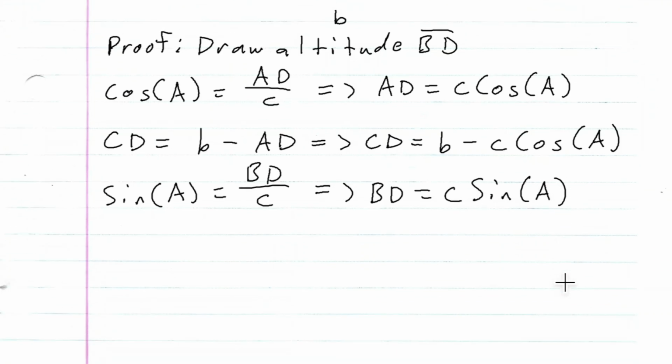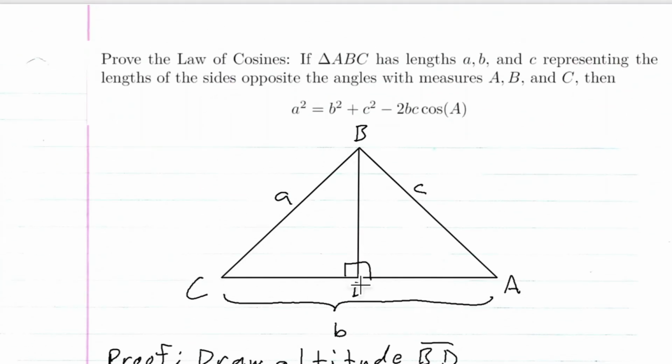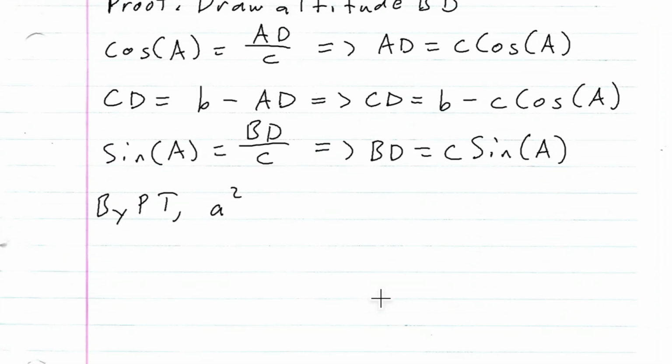Okay, so now, by the Pythagorean theorem, I know that a squared, the hypotenuse, is equal to CD squared plus BD squared.